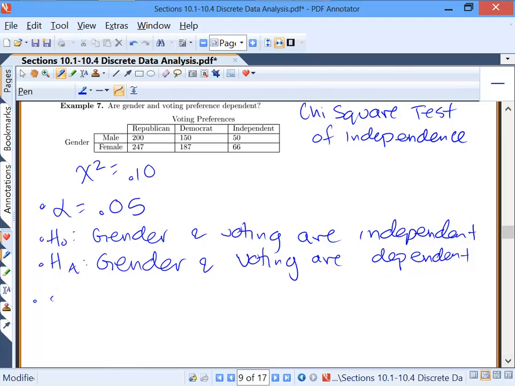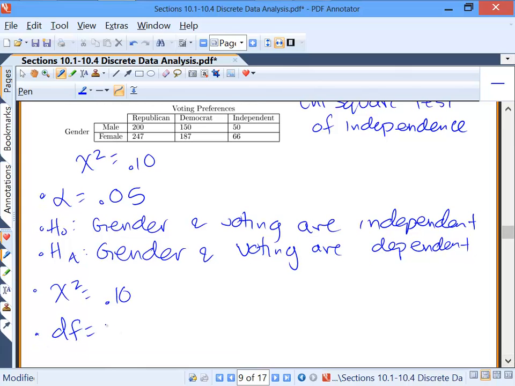So you need your test statistic, which we're just going to go with 0.10, and then you need degrees of freedom. The hardest part usually is remembering different degrees of freedom for independence versus goodness of fit. For the test for independence, it's R minus 1 times C minus 1. So how many rows do I have? 2. And 3 columns gives me 2.